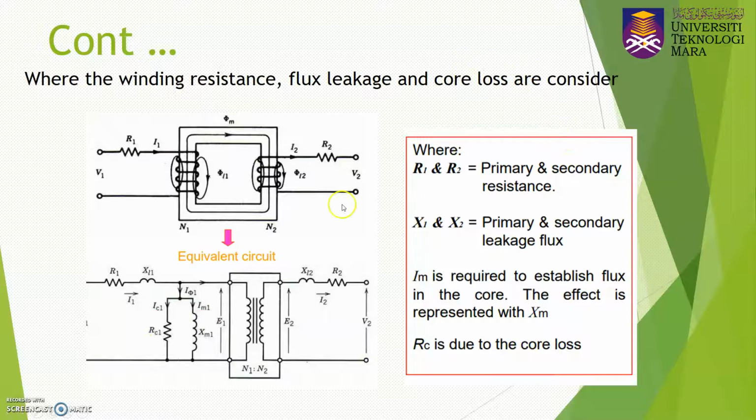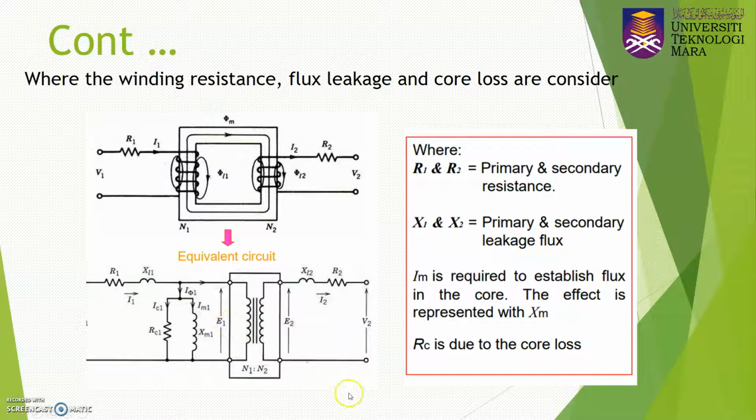Because we consider the core loss, you have RC1 and XM1 here. R1 and R2 represent the primary and secondary winding resistance. XL1 and XL2 represent the primary and secondary leakage flux. Here is your primary winding, the next one is the secondary winding, and the parallel bar represents the mutual flux between those windings.